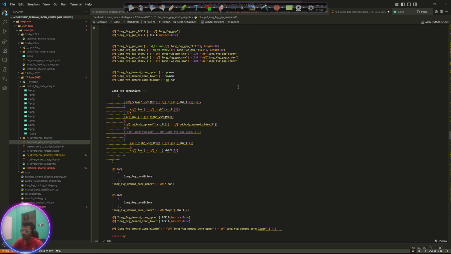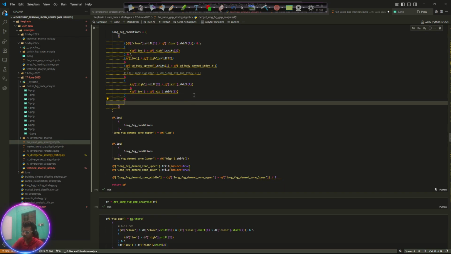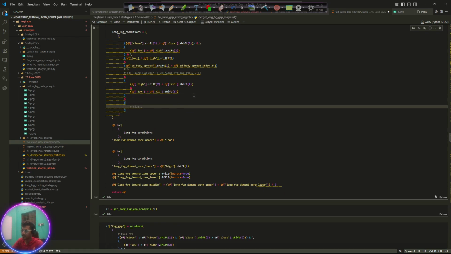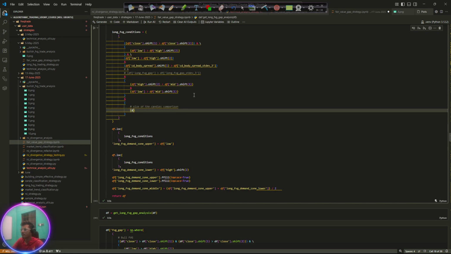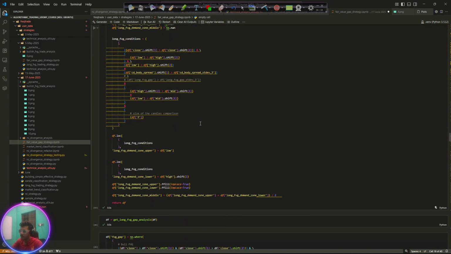So yeah, guys, these small conditions we have to add. So here I'm gonna say size of the candle comparison. What I will say is the candle full spread, which is high minus low.